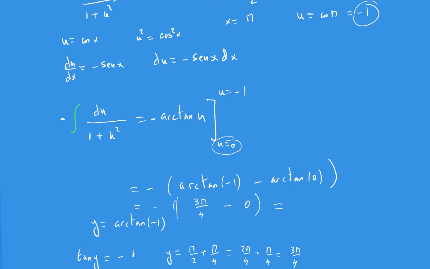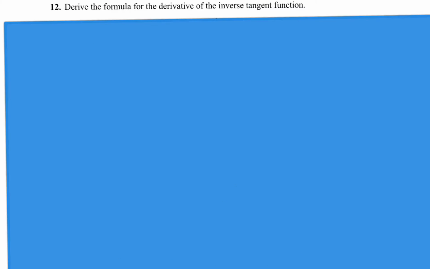So the result should be 3 pi divided by 4 or minus 3 pi divided by 4. Okay, check the number. The last one: find the formula for the derivative of the inverse tangent function. So y equal arctangent of x.